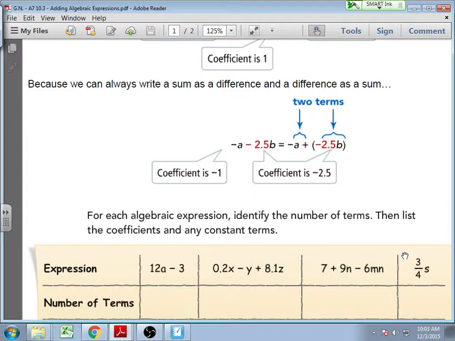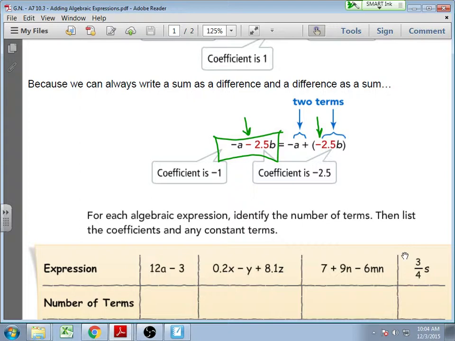Because addition and subtraction are essentially the same thing, they just do the inverse of each other, we can always write a subtraction as the addition of a negative, and here's why you at least want to think about this. Your coefficient here, if I gave you this expression, people would try to say, oh, there's a coefficient of -1, and then there's a coefficient of 2.5.